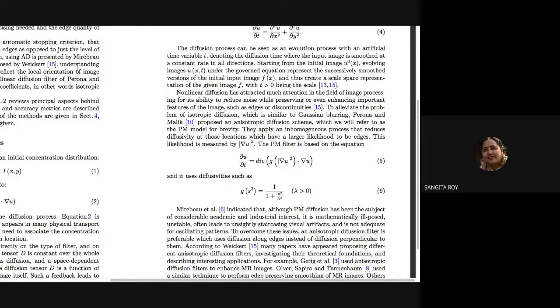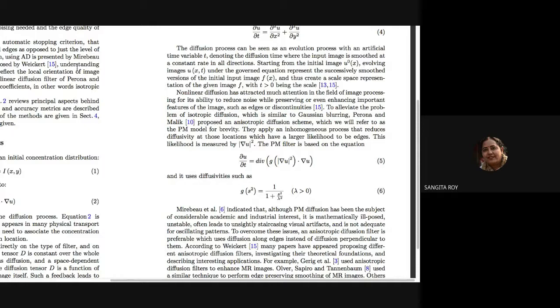To alleviate the problem of isotropic diffusion, which is similar to Gaussian blurring, Perona and Malik proposed an anisotropic diffusion scheme, which we will refer to as the PM model for brevity. They apply an inhomogeneous process that reduces diffusivity at those locations which have a large likelihood to be edges. This likelihood is measured by |∇u|².